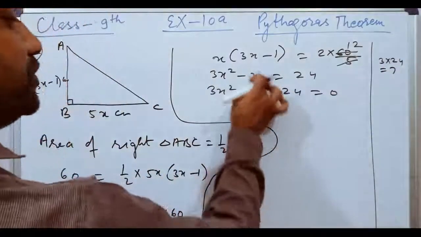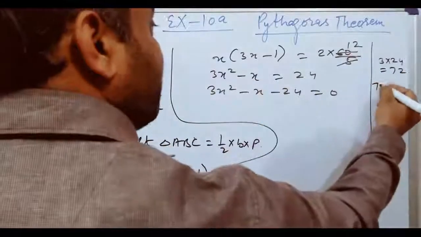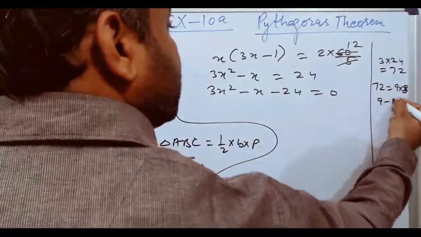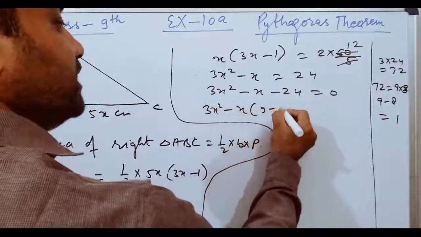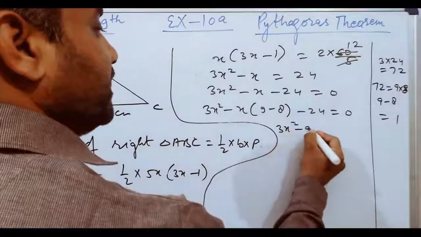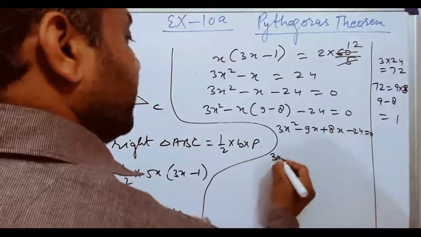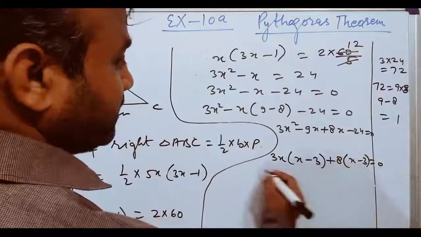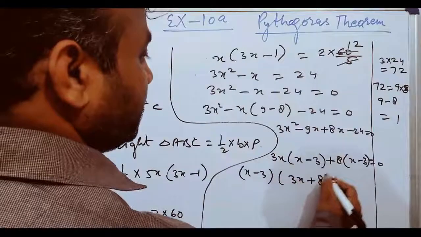We have to find the coefficient of x by subtraction of factors of 72. 9 8s are 72. 9 minus 8 equal to 1. 3x square minus x, 9 minus 8, minus 24 equal to 0. 3x square minus 9x plus 8x minus 24 equal to 0. You take common 3x inside, x minus 3, and 8 will take common, then x minus 3. Then you take common x minus 3, then 3x plus 8 equal to 0.